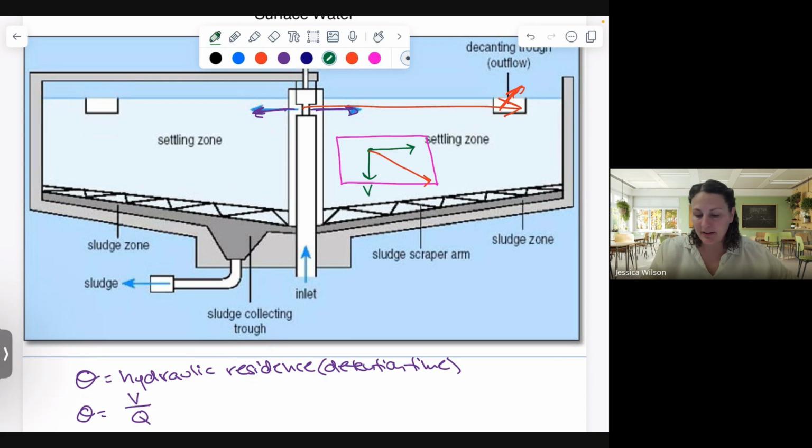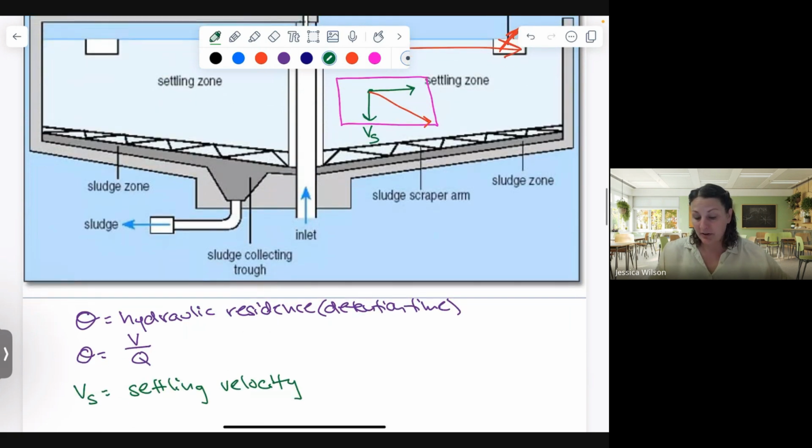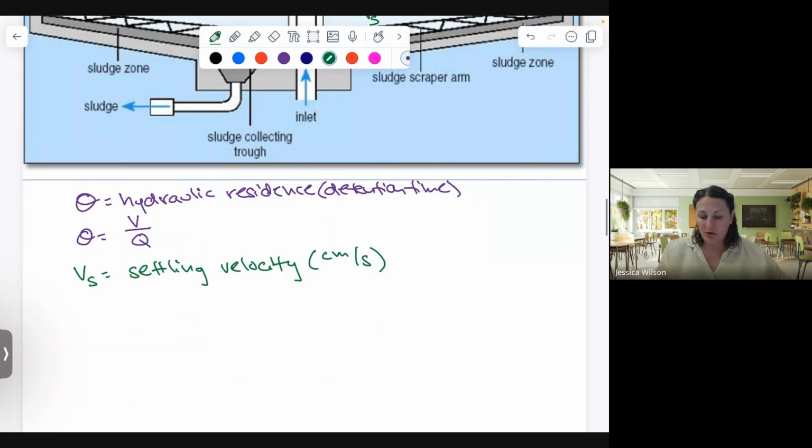This downward trajectory is our settling velocity, which we call V sub s. And that is the settling velocity of an individual particle, so maybe in units of centimeters per second. And that settling velocity is kind of in battle with what we call V sub 0, or our overflow rate.